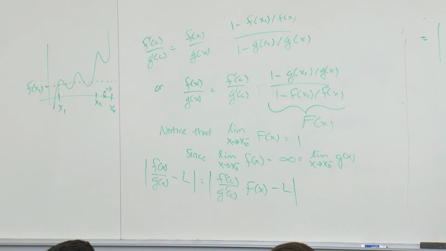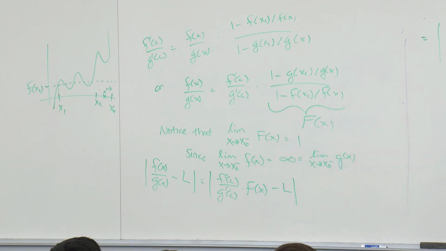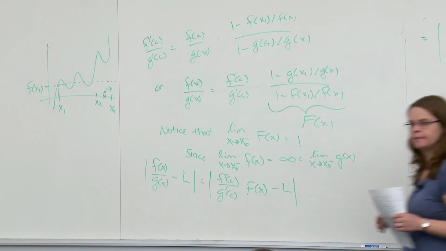So I want to actually just look at capital F of x. What do we know about this thing? It's close to 1, right? So that means capital F of x minus 1, that should be small. So that we expect to be small. That means, of course, I have to add back the thing I subtracted off. And I still have that minus L floating around.